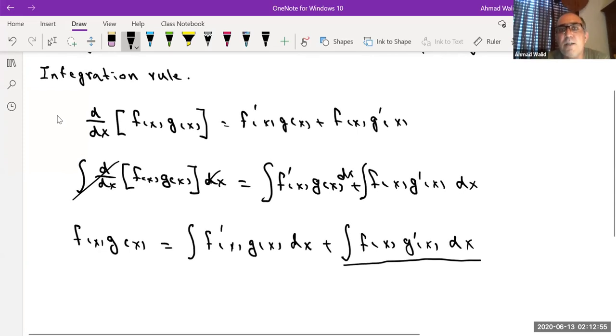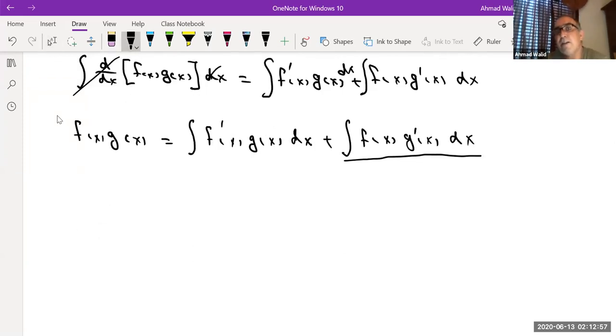If you solve this equation for the integral of f(x) g'(x) dx, you have to subtract the integral of f'(x) g(x) from both sides.